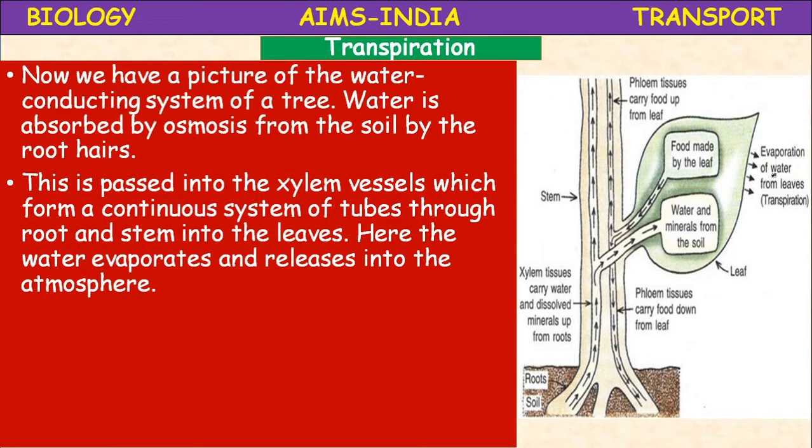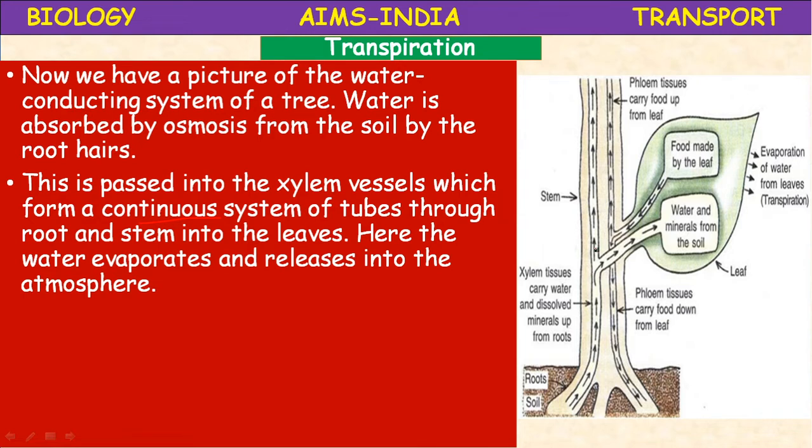So evaporation of water from the leaves, transpiration, maintains the continuous water column. As the water is evaporated, again water is absorbed from the roots. So this is passed into the xylem vessels which form a continuous system of tube through root and stem into the leaves.